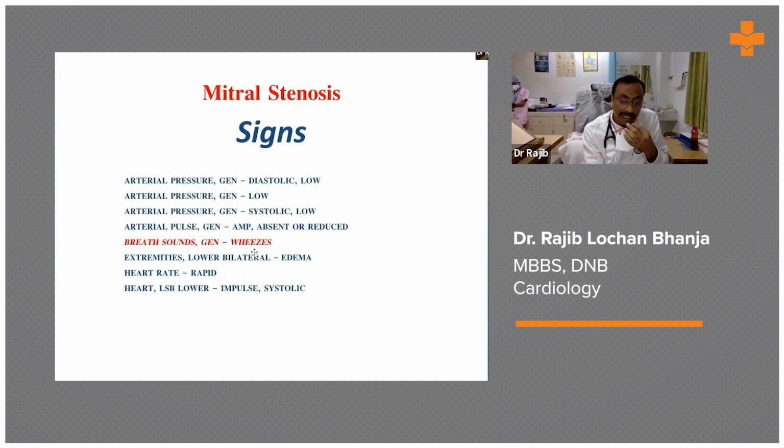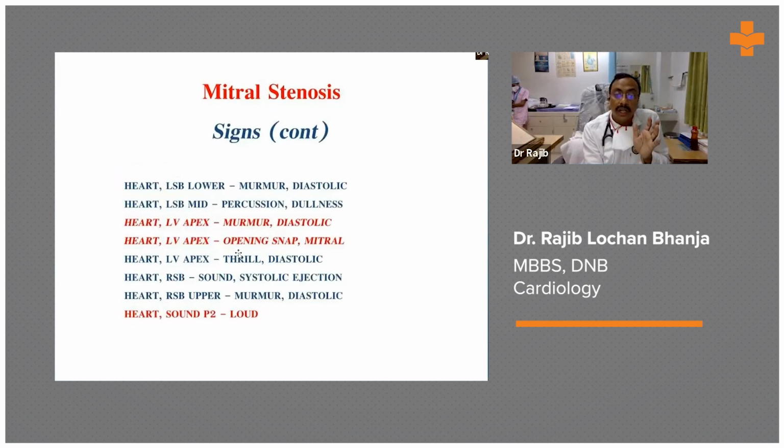The classical heart sound is a loud first heart sound and a diastolic murmur. P2 is loud, and there is an opening snap. Sometimes we may not get anything in severe calcific mitral stenosis.